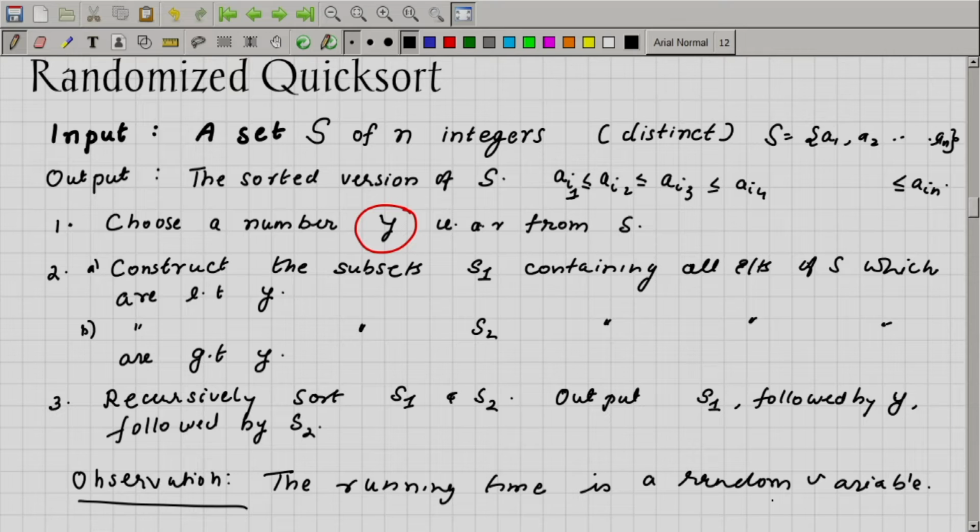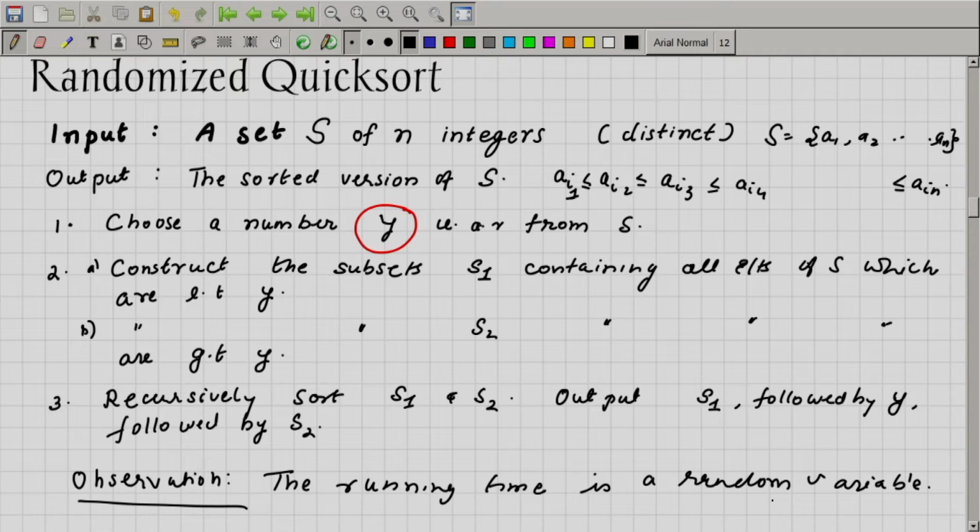So, here we mentioned that the running time is a random variable and it depends only on the choices made inside the algorithm. In particular, if you look at, let us say, bubble sort, there are certain inputs on which the algorithm could do particularly badly.